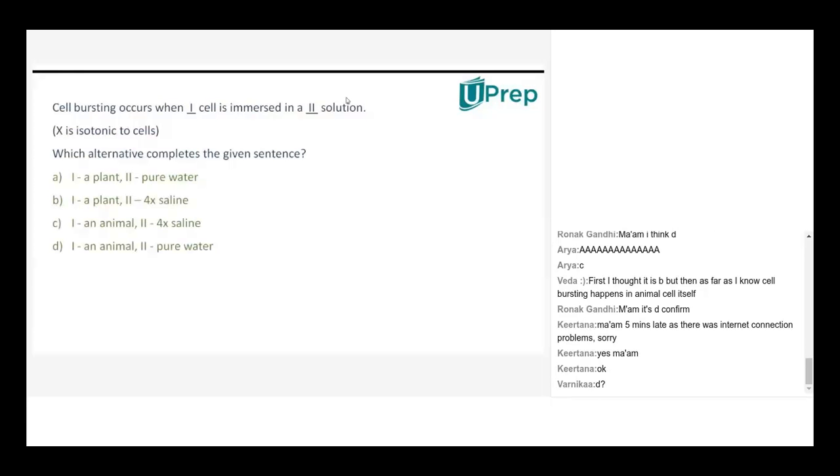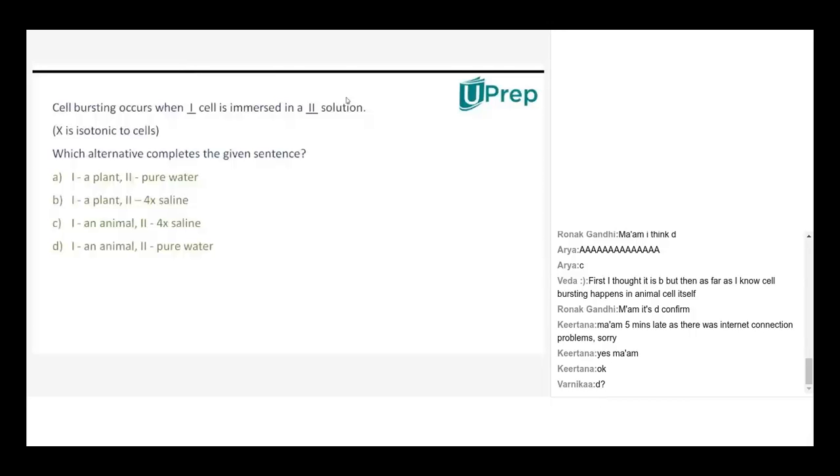Cell bursting usually occurs when a cell is kept in a solution where the concentration of the solution is more than that of the cell. Okay. Based on the concentration of the solution, we call it isotonic.